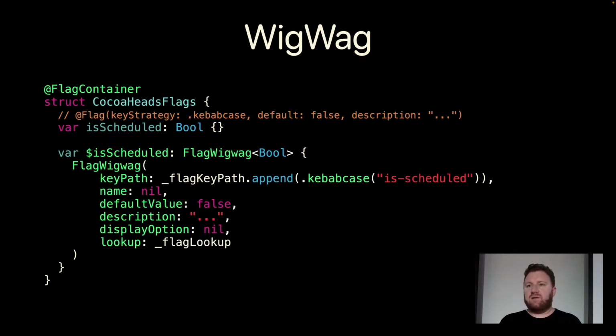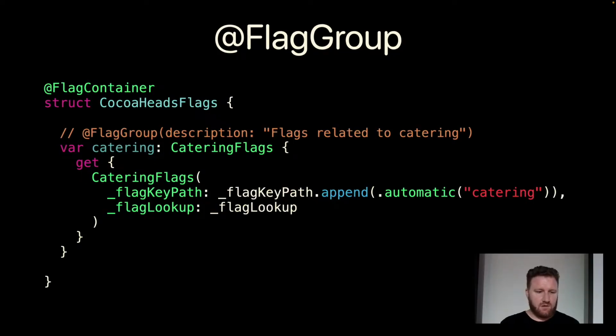So much like a waving flag, as the flag values change, a new wigwag is created. Well, no, the wigwag emits the next flag value. And unlike the old one, this supports both async sequence and publishers. So you can subscribe to whatever way you want, and the wigwag will tell you when flags change.